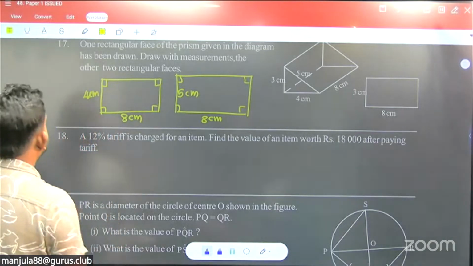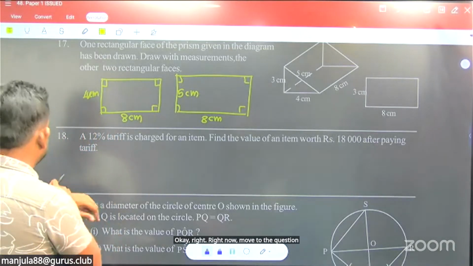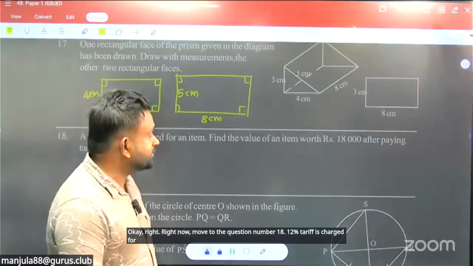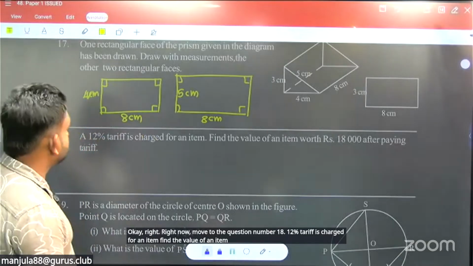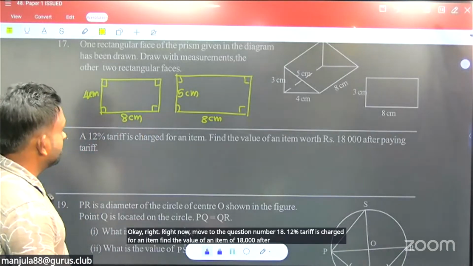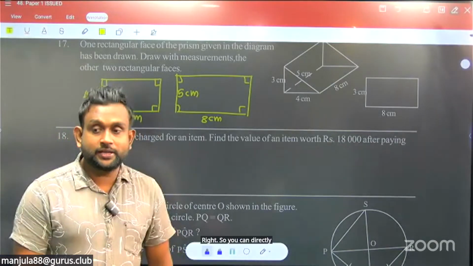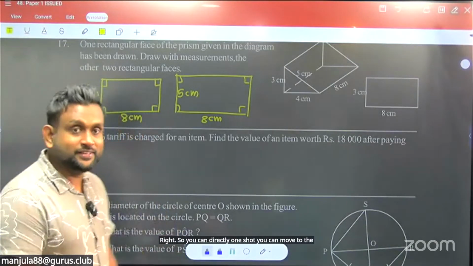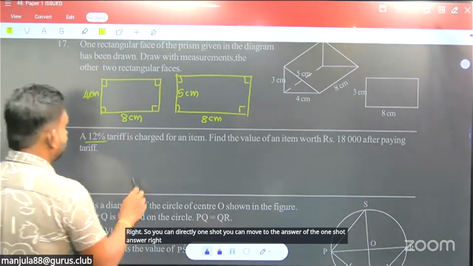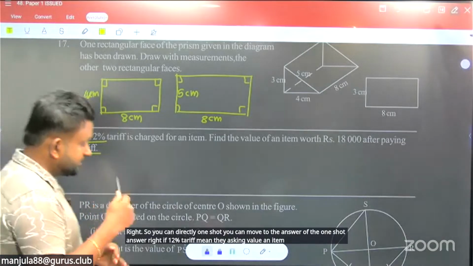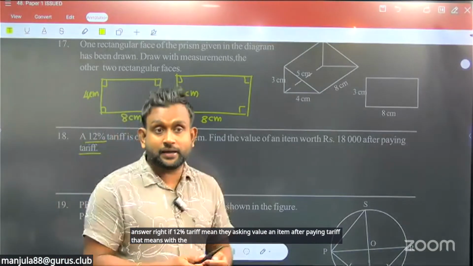Right now, move to the question number 18. 12% tariff is charged for an item. Find the value of an item worth 18,000 after paying tariff. Right, so you can move to the answer in one shot. If 12% tariff, they're asking the value of an item after paying tariff, that means the price with the tariff is asked.